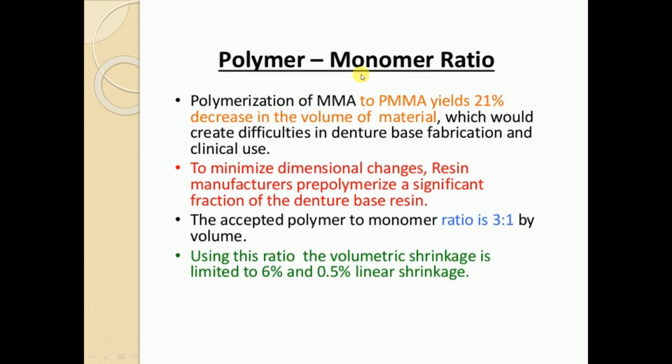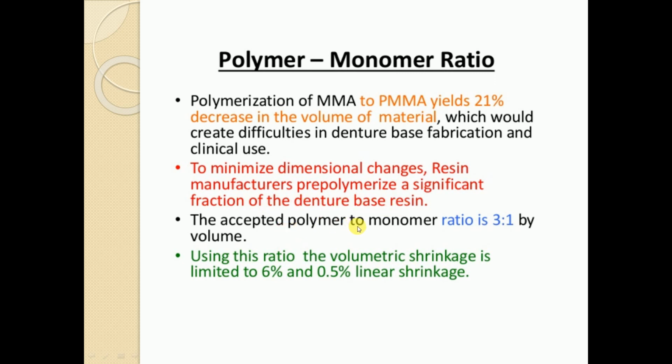Coming on to the polymer monomer ratio. Polymerization of methyl methacrylate to polymethyl methacrylate yields 21% decrease in the volume of the material, which would create difficulties in denture base fabrication and clinical use. To minimize dimensional changes, resin manufacturers pre-polymerize a significant fraction of the denture base.